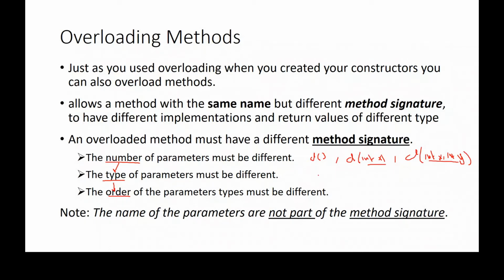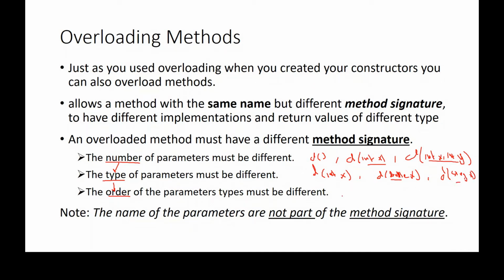Okay? Now, if you change the type, it is different. The type, you say, for example, d integer x. And I'll say, okay, d double x, for example. I change the type. Okay? You can say d string. So the same name, but the type is different.